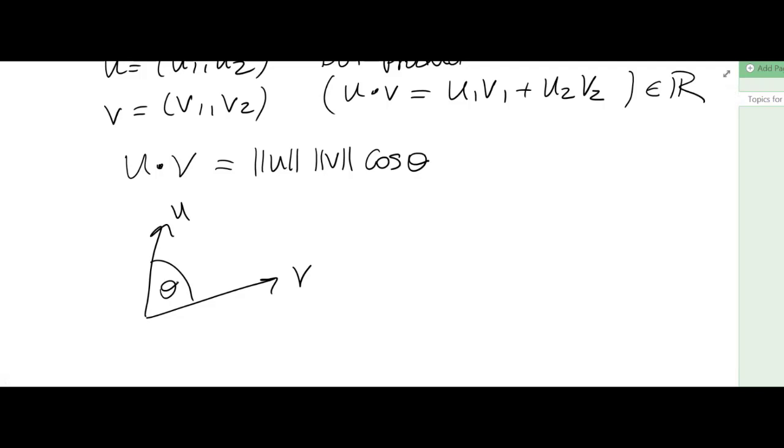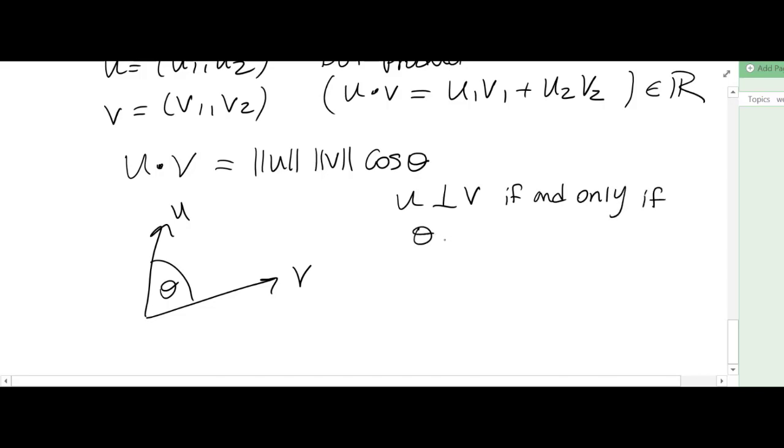So from this formula you can see that u will be perpendicular to v if and only if the angle between them is 90 degrees, or pi over 2, which means that the dot product is 0, because cosine of pi over 2 is 0.